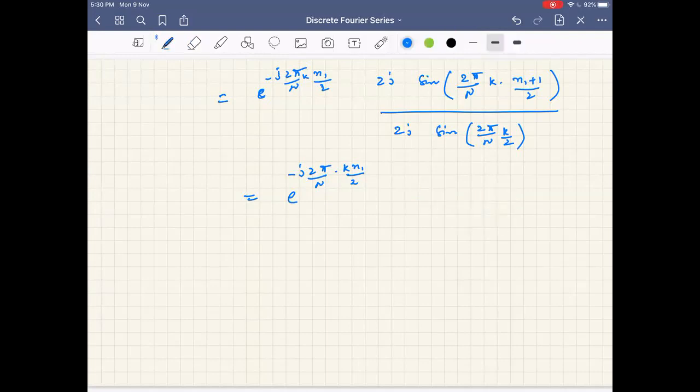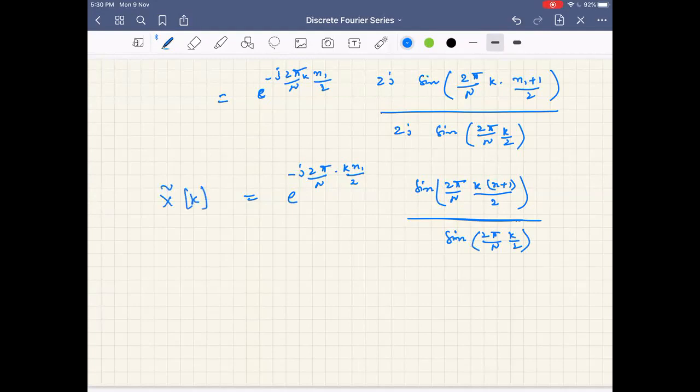So let us write sine of 2 pi by N into k into N plus 1, by 2, divided by sine of 2 pi by N into k by 2. This is what x tilde of k is.